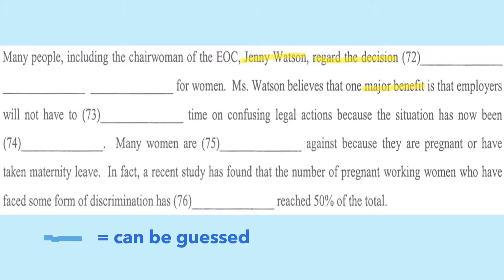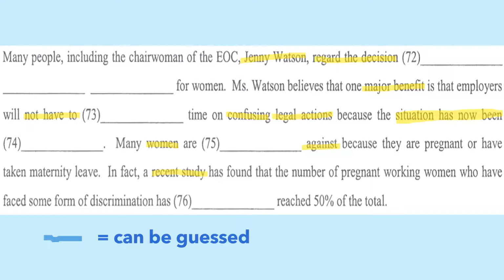Ms. Watson believes that one major benefit is that employers will not have to, infinitive, spend time on confusing legal actions, because the situation has now been something, okay, has now been, and then many women are. Normally when you say I am, and then it should be an adjective, right? Against, all right, because they're pregnant or have taken maternity leave.